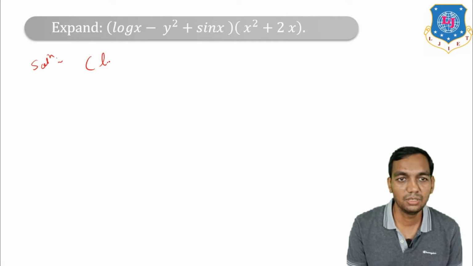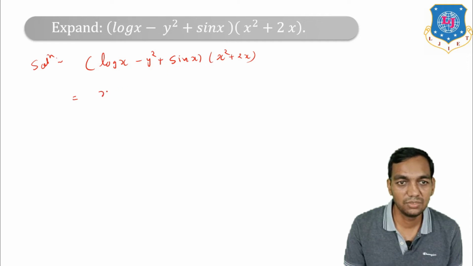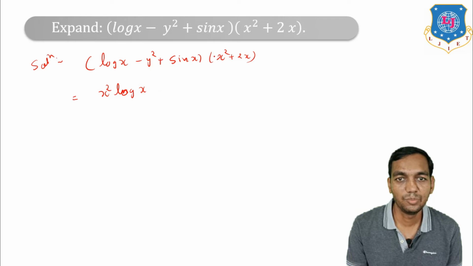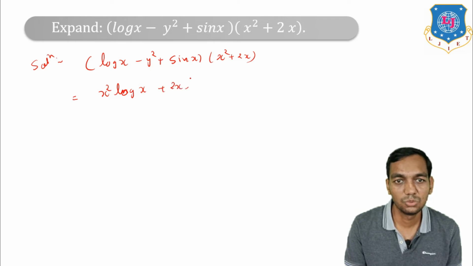See what you have given: (log x minus y square plus sin x) into another bracket (x square plus 2x). So simply multiply. So log x into x square will be x square log x. In the same manner plus 2x into log x. Minus y square into x square is minus x square y square. In the same manner minus 2x into y square.